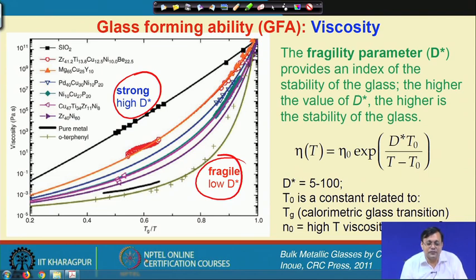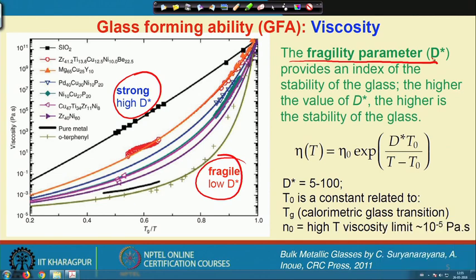So, here this fragile terminology does not mean it is a mechanical fragility, okay. This is a kinetic fragility we are talking about. So, here this fragility parameter D star provides an index of the stability of the glass. So, here one thing is very interesting.